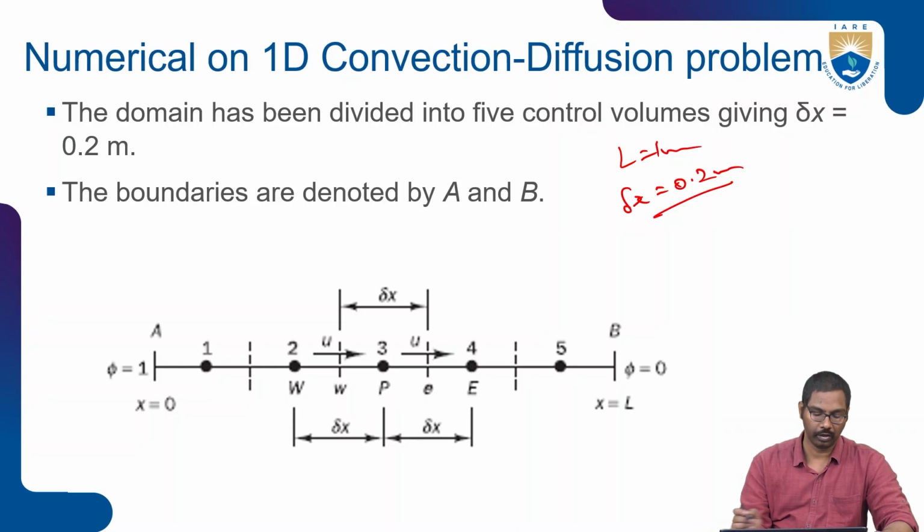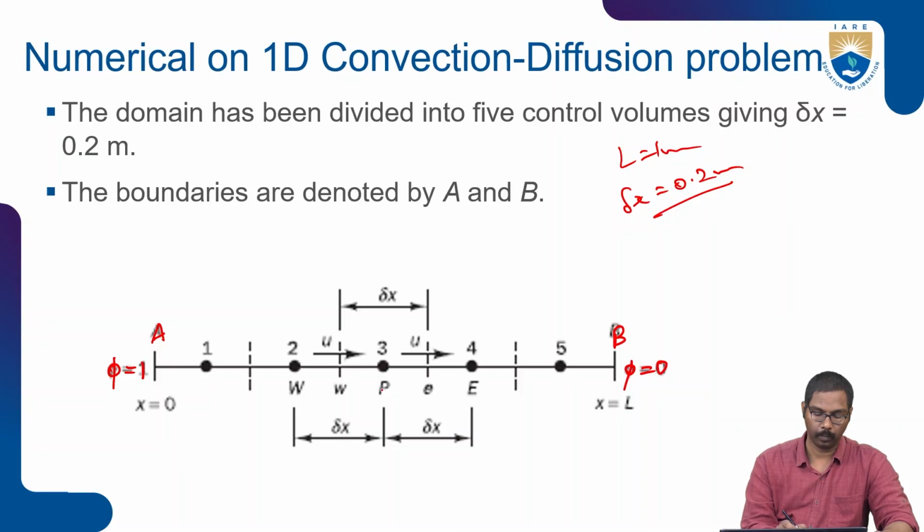Here the boundaries are denoted by capital A and capital B. In the previous slide we have seen that at these boundaries pi equal to 1 at x equal to 0, and pi is equal to 0 at x equal to L. We know the finite volume method notations.